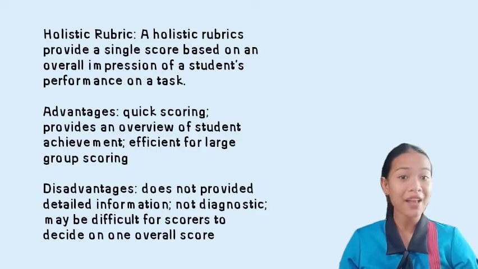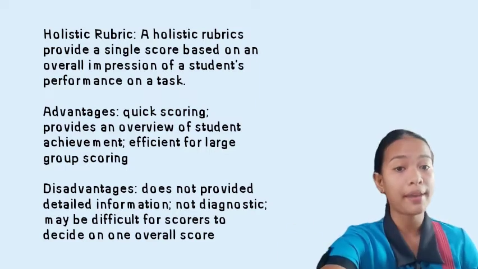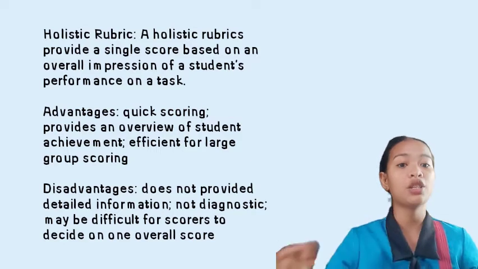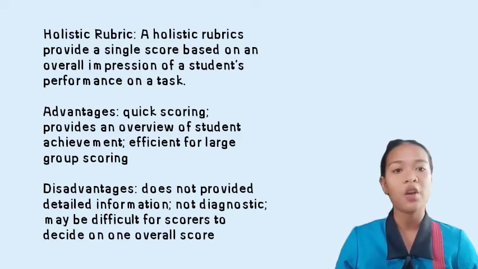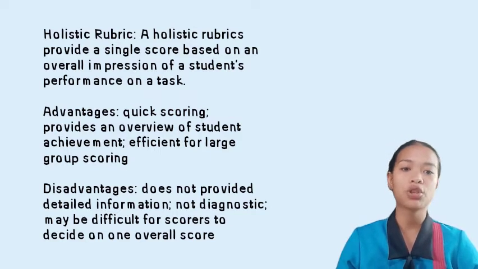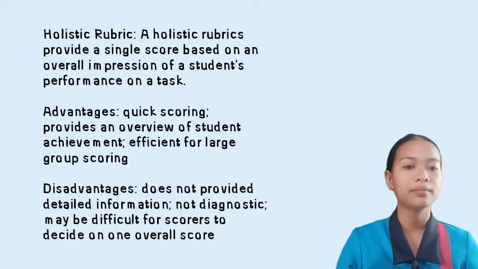The disadvantages are that it does not provide detailed information, is not diagnostic, and it may be difficult to decide on one overall score. Use a holistic rubric when you want a quick snapshot of achievement, or when a single dimension is adequate to define quality.